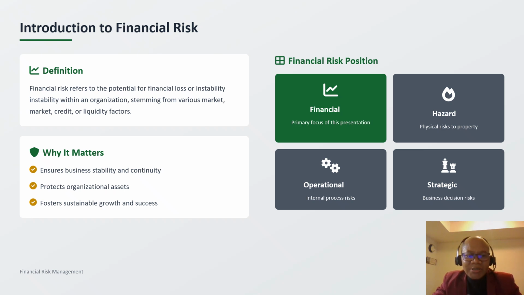They are important for three major reasons. It ensures business stability and continuity. It protects organizational assets. It fosters sustainable growth and success of the business. Therefore, organizations must carefully manage their financial risk.